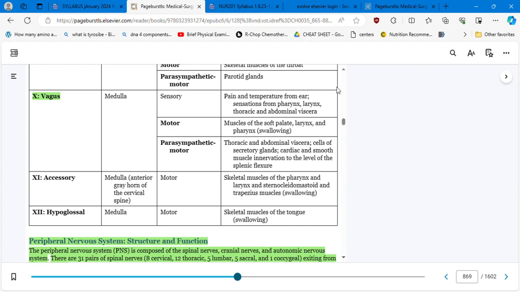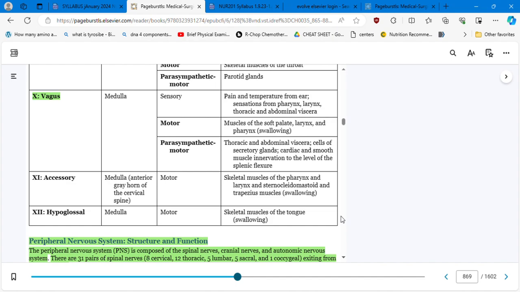There are different mnemonics to remember your cranial nerves. It's all about how comfortable you are with that. Some of them are full of adjectives or names or events. Some others are a little bit more naughty. They talk about sexual components. So it's up to you.